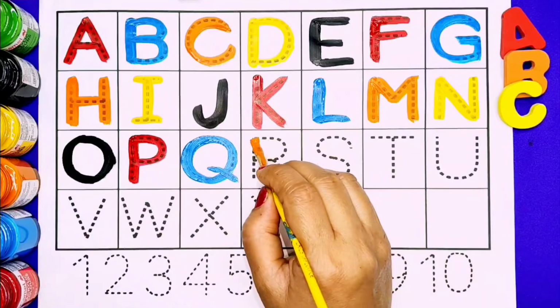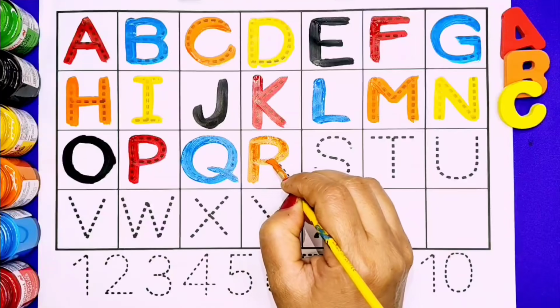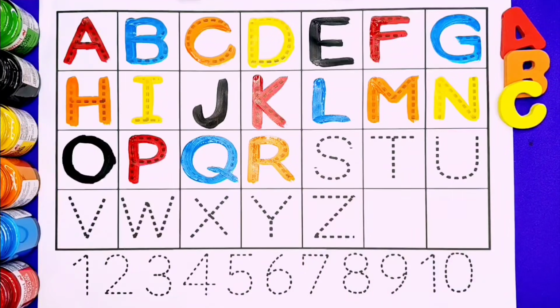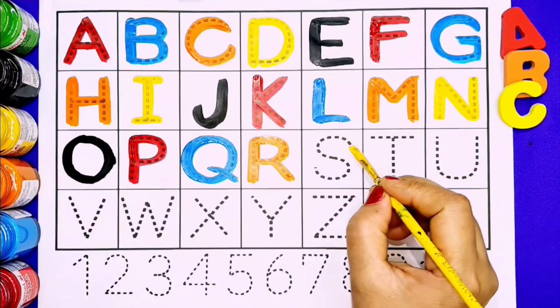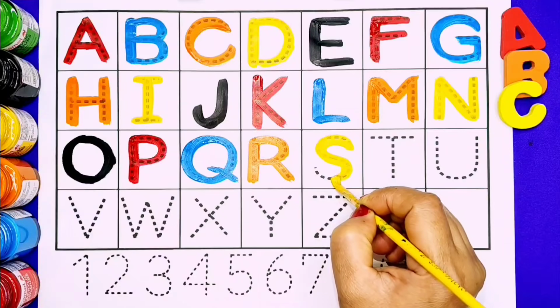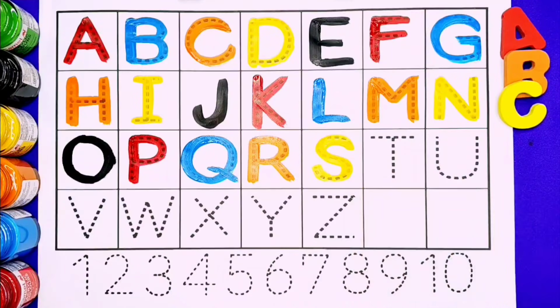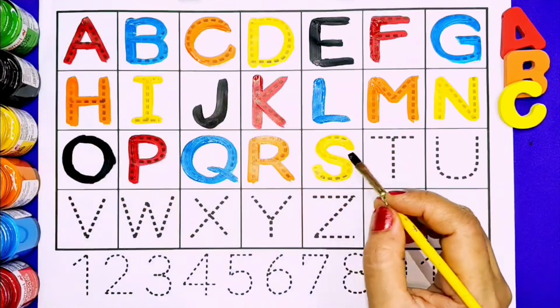Orange color, R for rabbit, yellow color, S for sun. Black color.